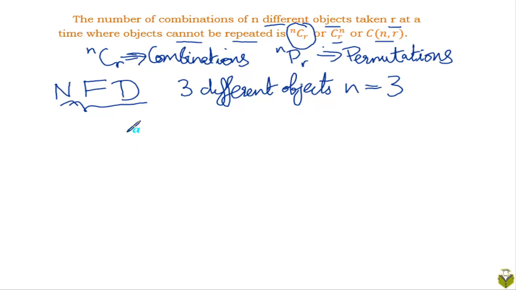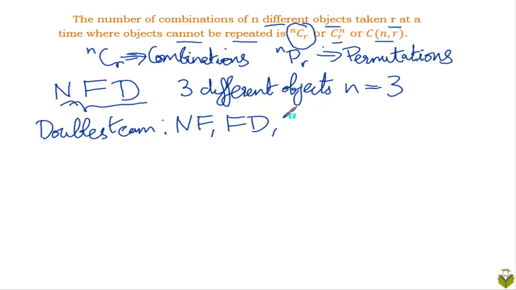And for a doubles team, how many objects do you have to take at a time? You only had these particular doubles teams: Nadal-Federer, Federer-Djokovic, and Djokovic-Nadal. So for a doubles team r is equal to 2, because you take 2 at a time from 3, and without repetition.